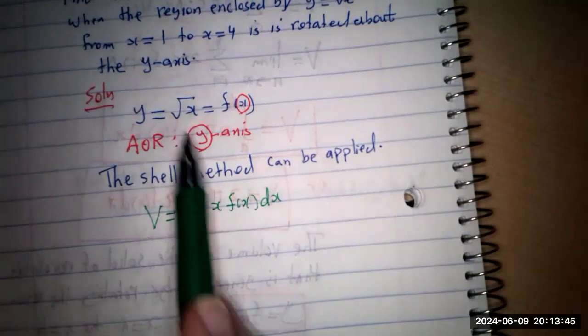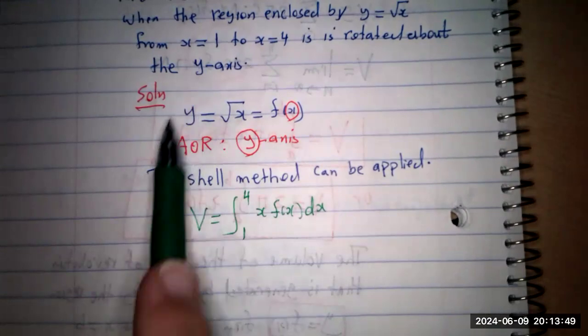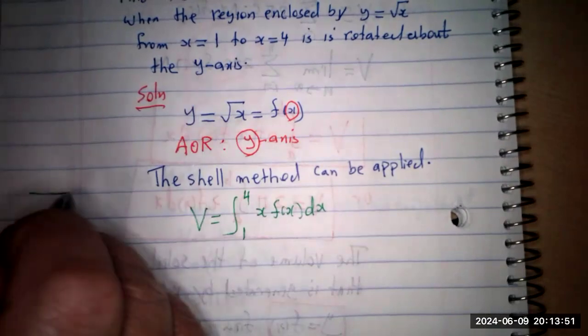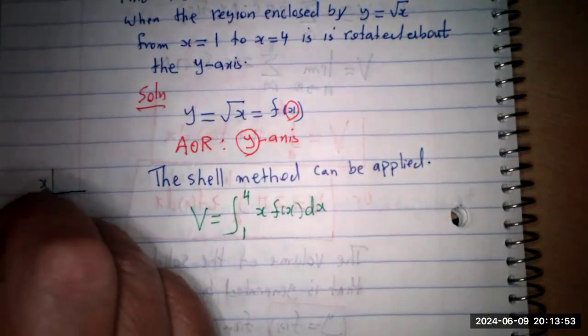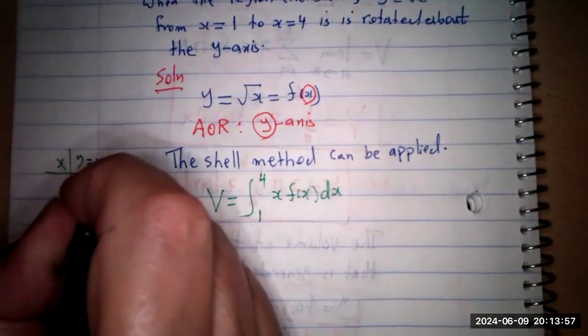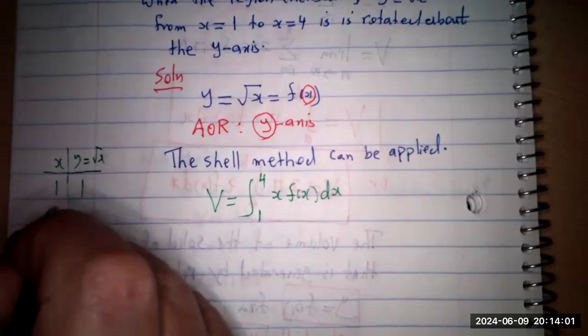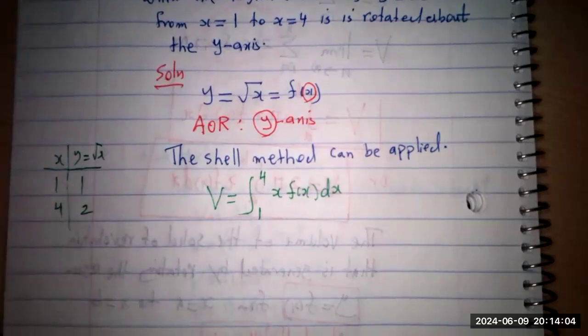y equal to radical x is easy to graph. You can check it with your calculator. If x is equal to 1, that would be 1. x equal to 4 gives you 2.